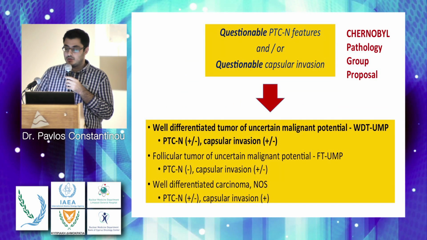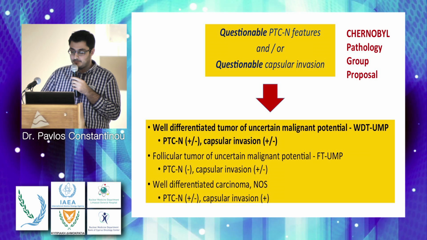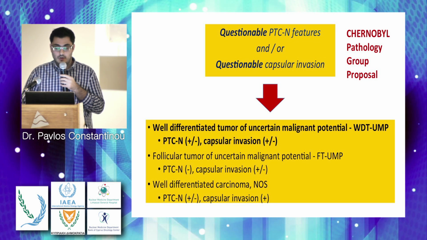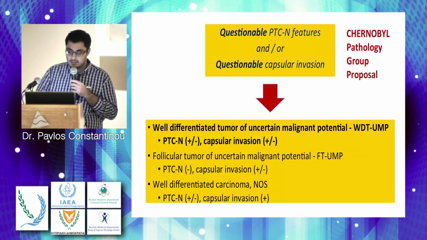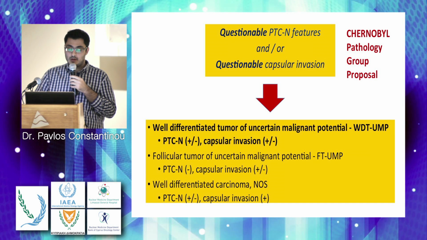For this reason, the Chernobyl pathology group proposed about a decade ago 3 new entities. The diagnosis of a well-differentiated tumor of uncertain malignant potential can be made for cases with both questionable nuclear features and capsular invasion.